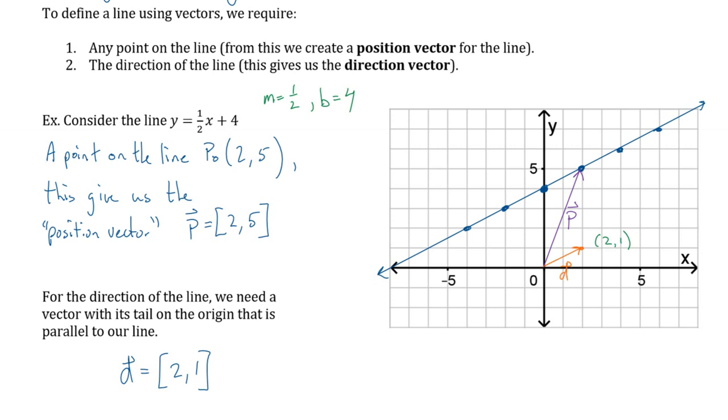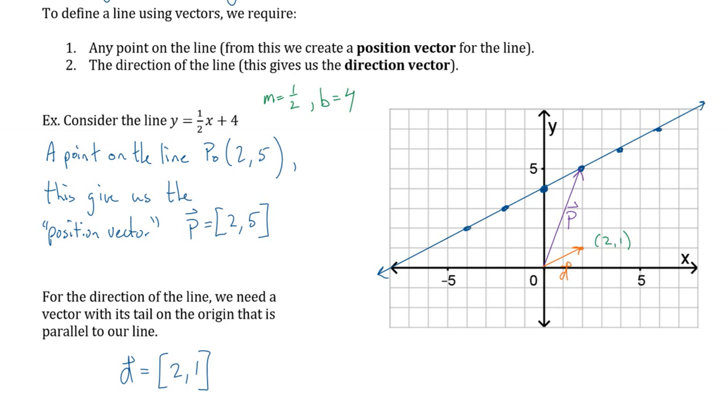And if you think about it, this direction vector is going up 1 over 2, just like this line is going up 1 over 2 as well. So if we think about what we know about slopes and parallel slopes from grade 9, we can see that those are parallel, and we designed this vector with the slope of this line in mind, so they are definitely parallel.